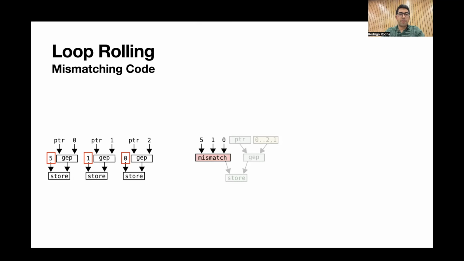We may also have mismatching code in our alignment graph and still be able to produce the rolled loop. In this example, we have these three values that compose the mismatching node. Since we cannot identify any specific pattern between these constant values, we consider them as being a mismatch.